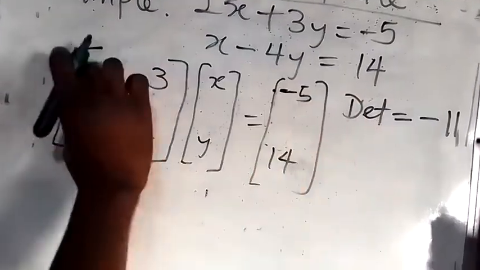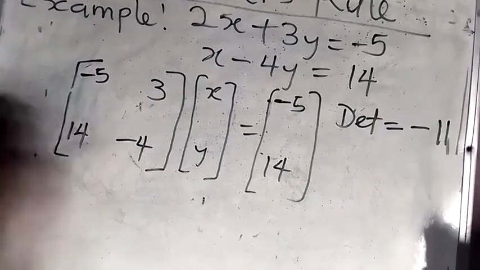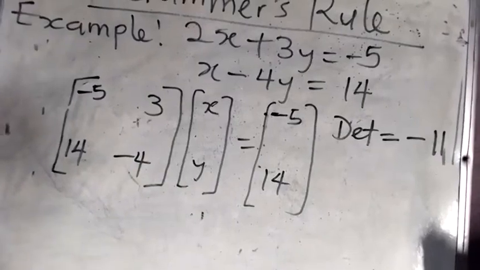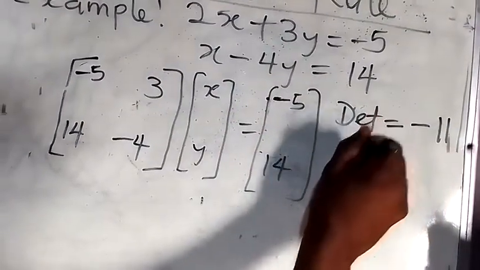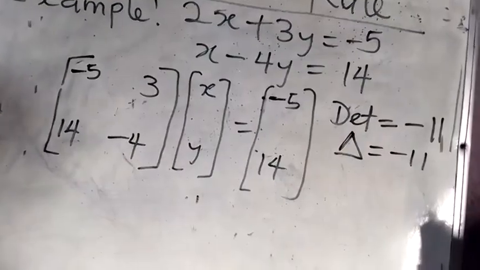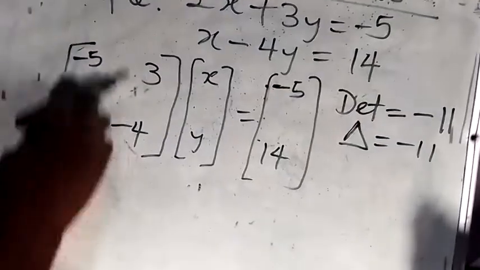I'm bringing this inside here, that's minus 5, 14. Because I want to look for x, I will find the determinant again. The first determinant, you can represent it as minus 11. Are you getting it? That's the first determinant.